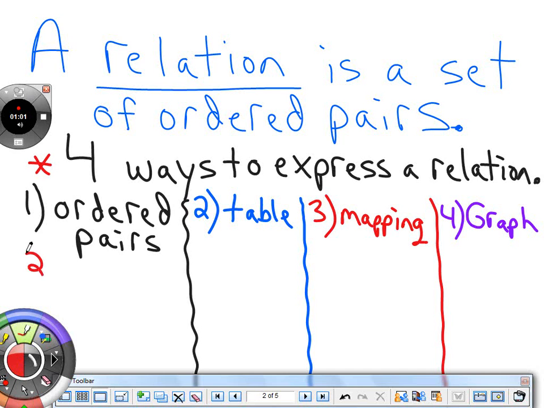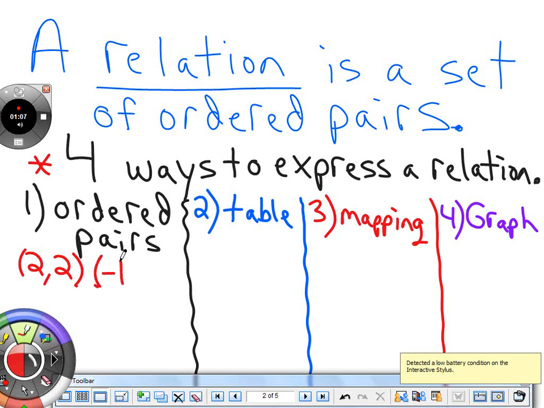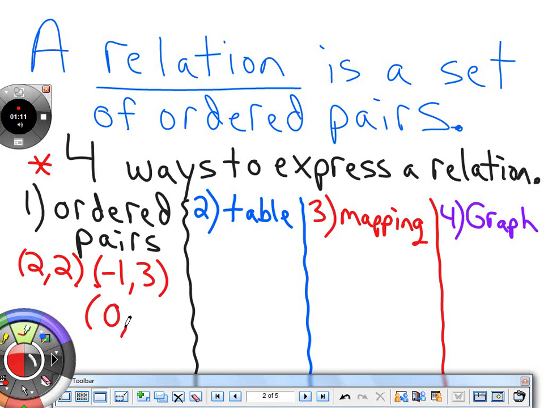We might see it as (2, 2), (-1, 3), and (0, -1). I'm going to put the whole thing in brackets, and I'm expressing a particular relation. This is just one I made up, and it has 3 ordered pairs.